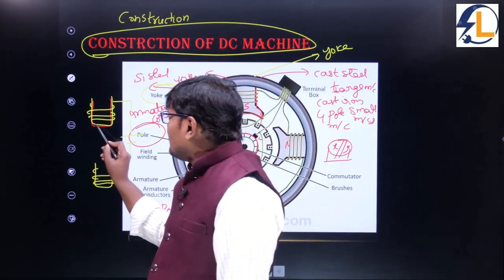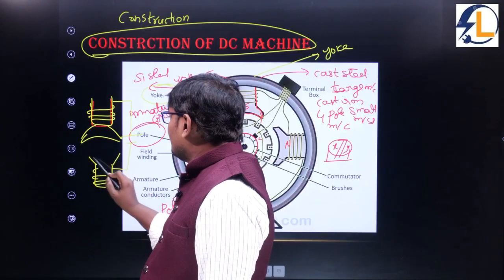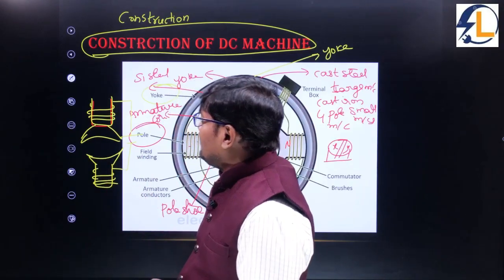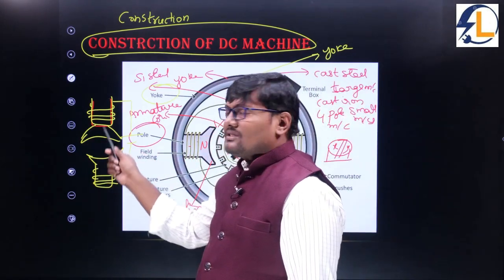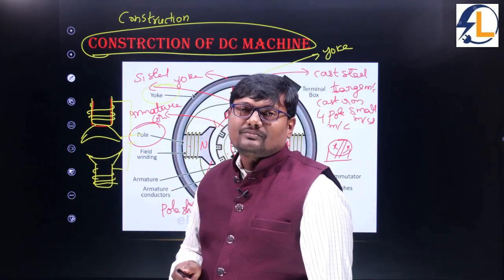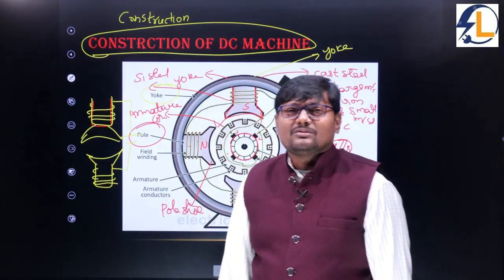So in order to get the mechanical support, the pole is shaped like this, because then the winding will not come out of the pole shoe. Generally the pole shoe is laminated for larger machines, not required for smaller machines.